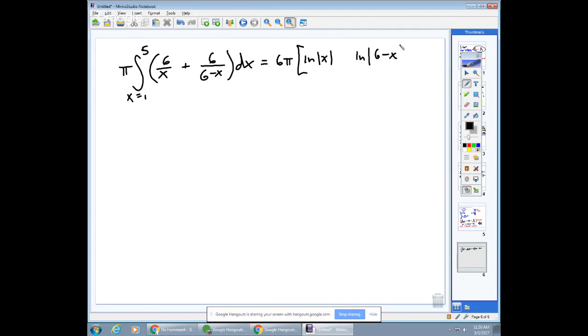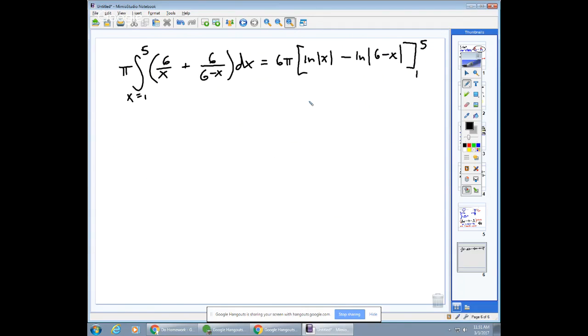What's the catch here? What's the derivative of 6 minus x? -1. Is there a -1 sitting here? No, so we have to compensate by putting in a -1, which is going to make that a minus. And we're evaluating that from 1 to 5.